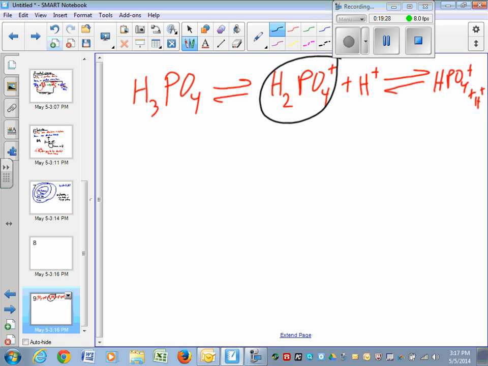So if I asked you to label H2PO4 as an acid or a base, you have to be really careful about that. It's actually amphiprotic. If it is working with H3PO4, this way, the H2PO4 can accept a proton. And because it can accept a proton, we would call it a conjugate base.